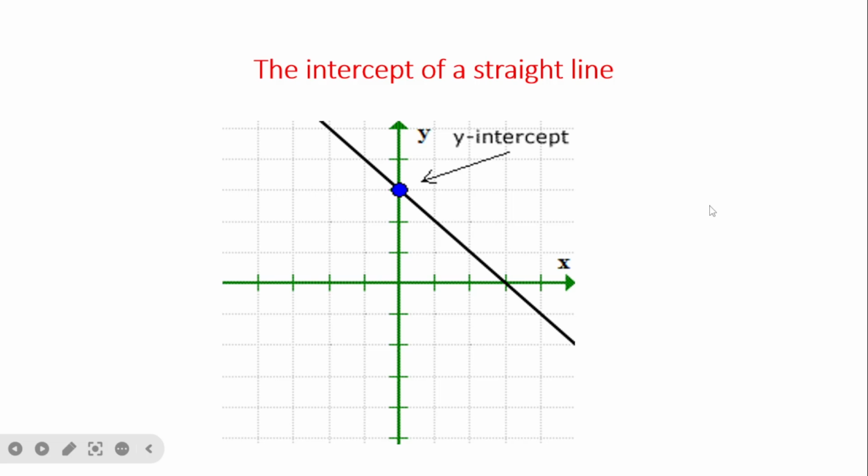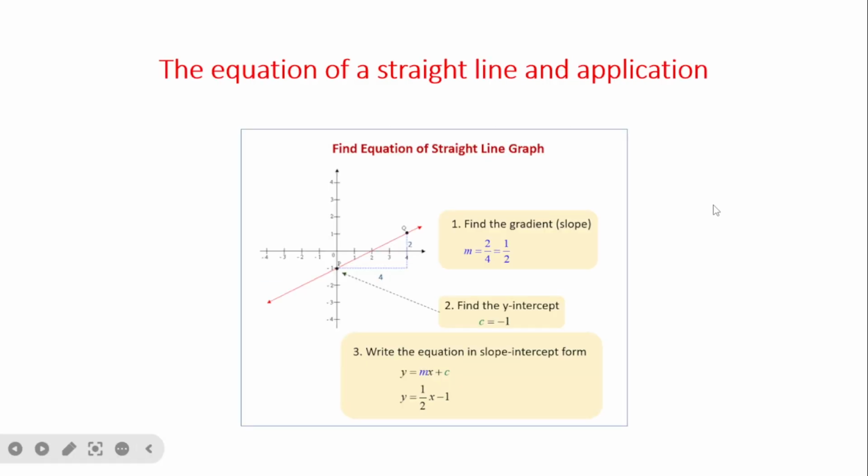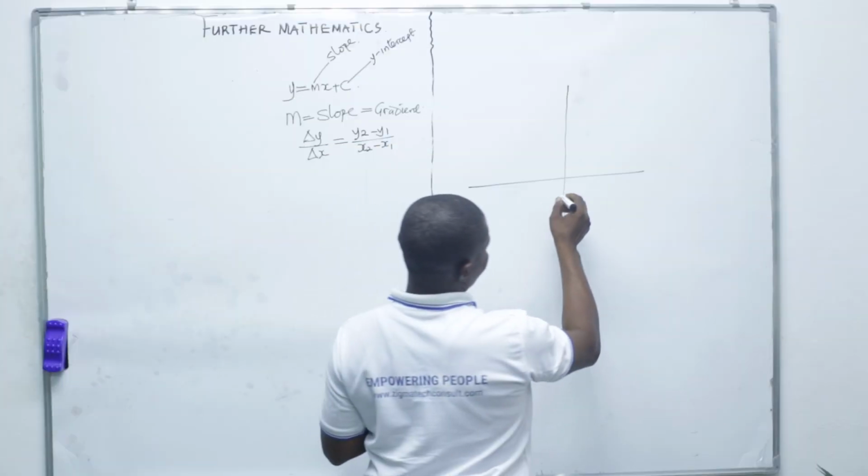Equation of the straight line and its application. Find the gradient. Look at a graph that was plotted. To look for the gradient, let me just draw this graph. We can have a graph like this. I will have some numbers.